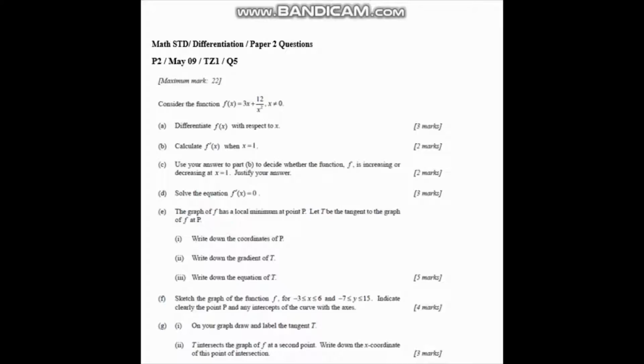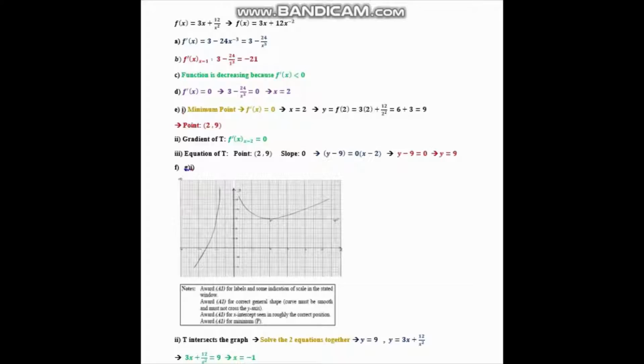So you are given the function f of x equals 3x plus 12 over x squared, and you are asked to differentiate f of x with respect to x. So I have rewritten the function there. F of x equals 3x plus 12x to the power of negative 2.